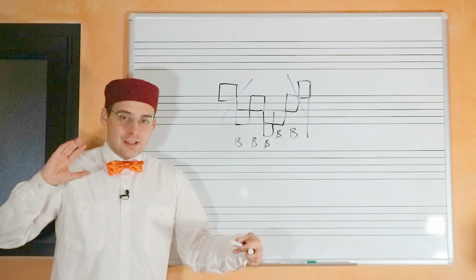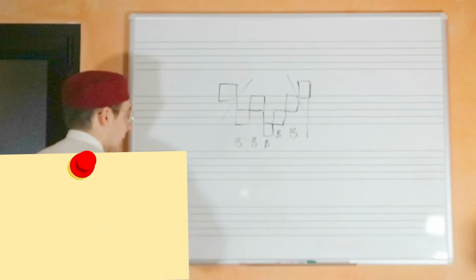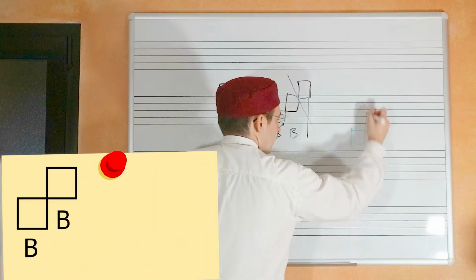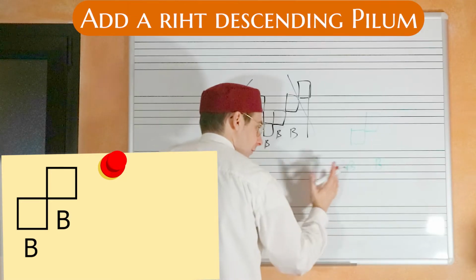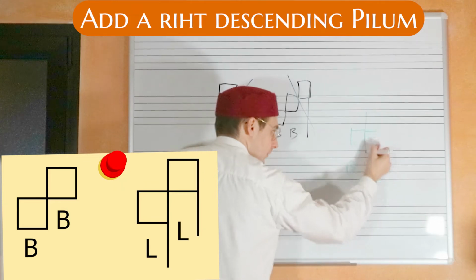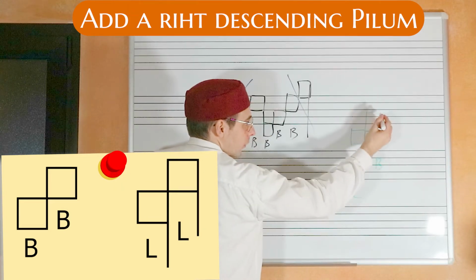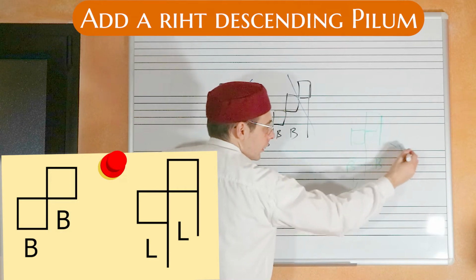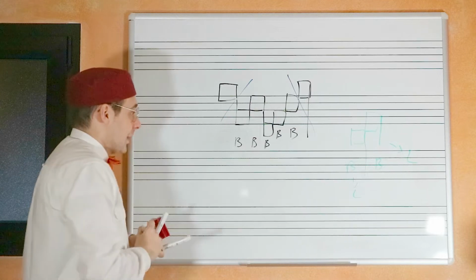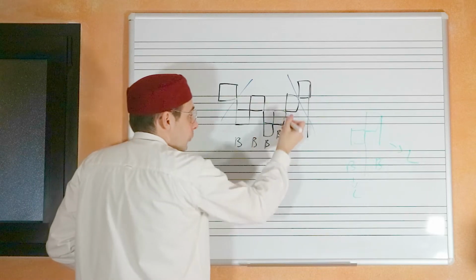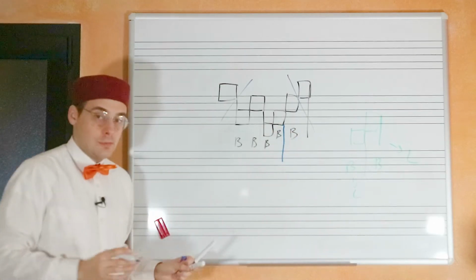I said that if I want to transform a brevis to longa, like in this example, I have to add a descending pilum at the right of the note: brevis, longa, and also in this case brevis, longa. For the same rule, to transform this brevis to longa, I have to add a right descending pilum.